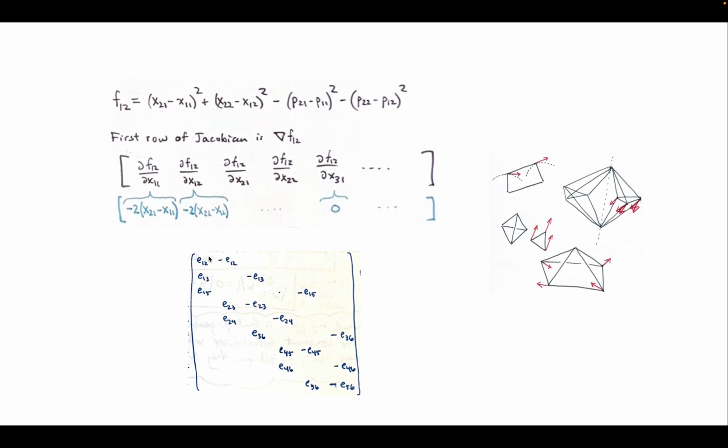Rescaling it won't change the rank at all, and that's what we care about. And if you look at the second 2 coordinates, you're just going to get minus e1,2. And then all of the rest are 0 on this edge 1, 2 row because the edge length of 1, 2 only corresponds to the variables for vertex 1 and vertex 2. So that's why we have all zeros in the rest of this top row.